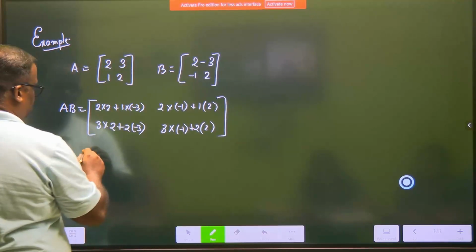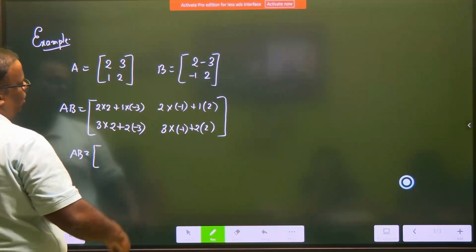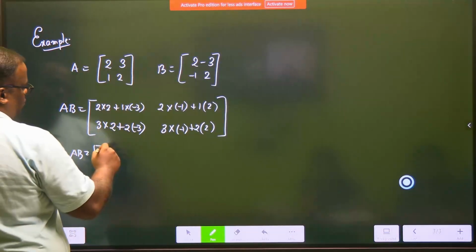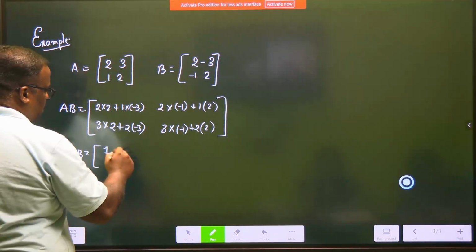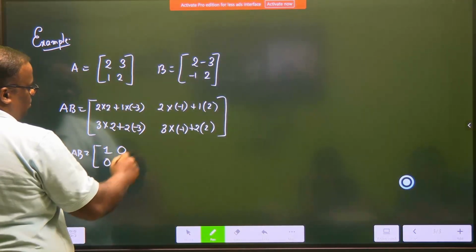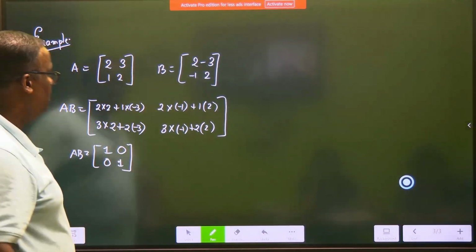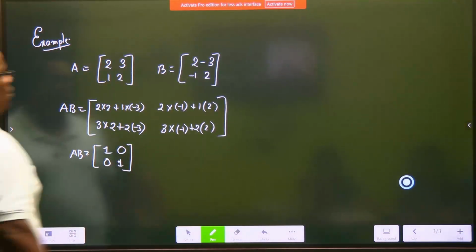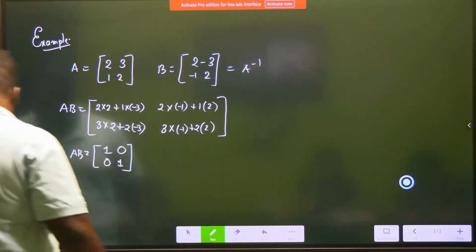So let's see this, AB. 2 into 2 is 4 and this is 3, so 4 minus 3 gives me 1. 2 ones are 2, minus 2 plus 2 gives me a 0. Then 3 into 2 is 6 and 6, this will give me a 0 and this gives me again 1. Clear? So in this case, B can also be written as A inverse.